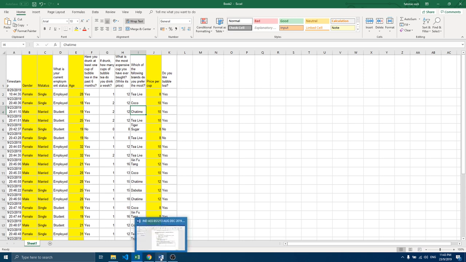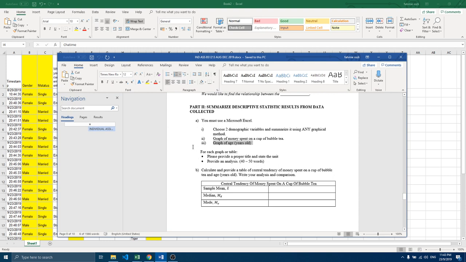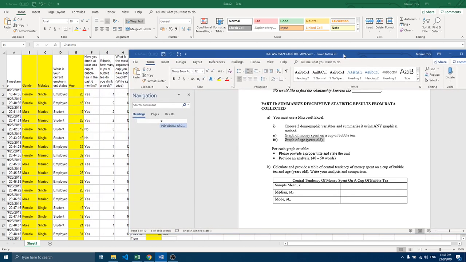Okay, so open your individual assignment question. Okay, part 2, summarize the descriptive statistics result. For A, Roman 1, choose demographic variable. So demographic variables such as gender, marital status, what is your current employment status. This is an example of demographic variable. In this case, I'm using gender and marital status.